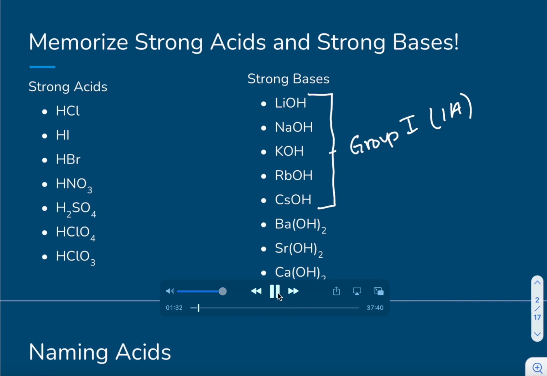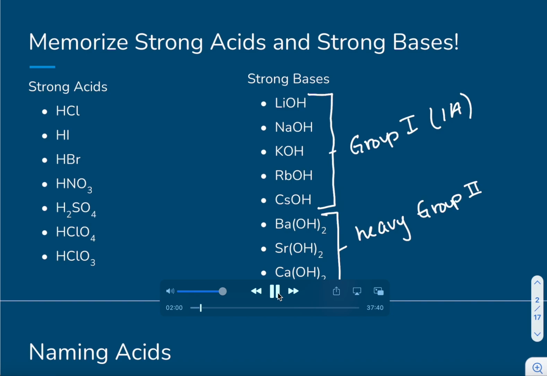For group 2, the lighter ones, meaning the ones at the top, because they have a lighter atomic mass, so the top of group 2 is not strong, not until you get to calcium, okay? So calcium, strontium, and barium are going to be heavier. And so those will be strong bases.